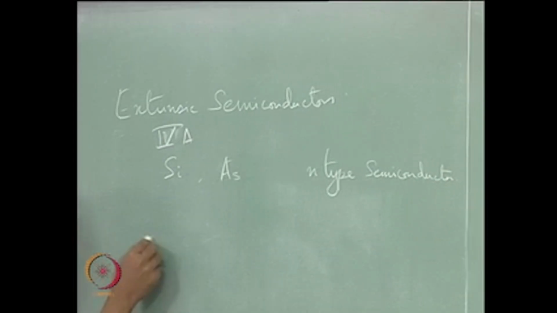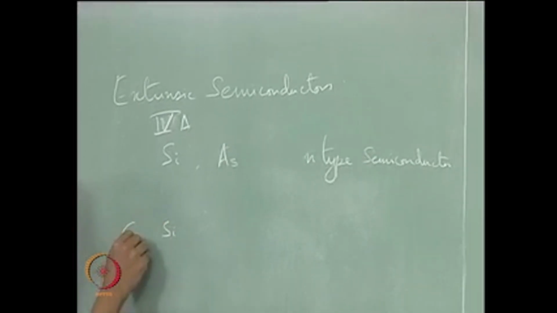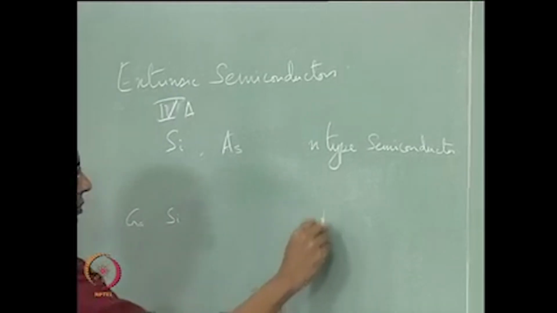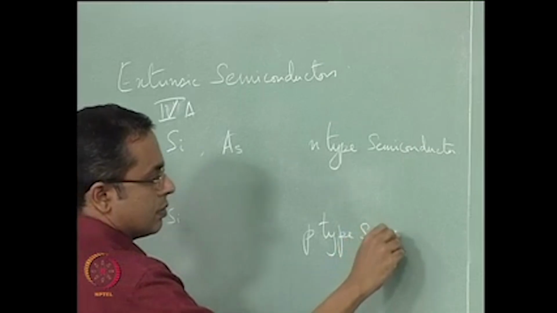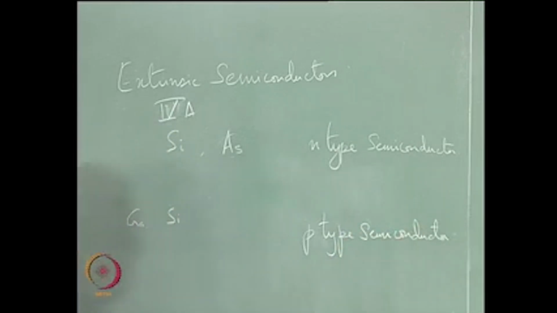Or you could dope silicon with, say, gallium, which is 3a, and then you would have a p type semiconductor, which means you are short on electrons, and that is why it is called p type.